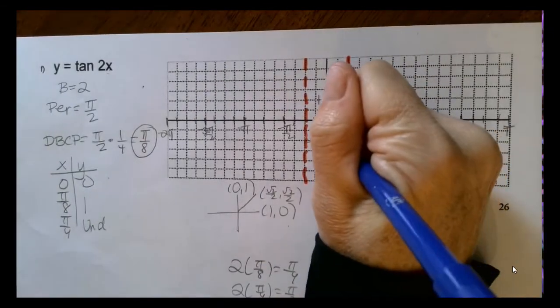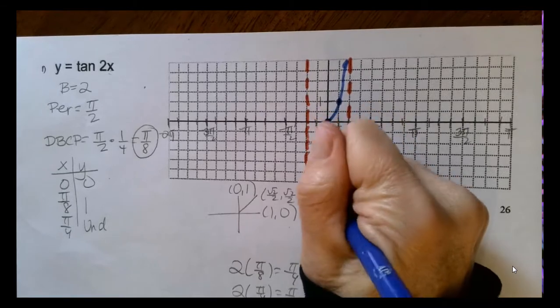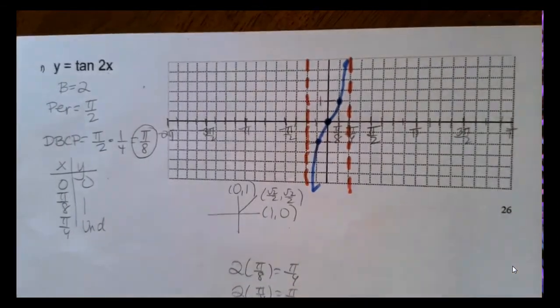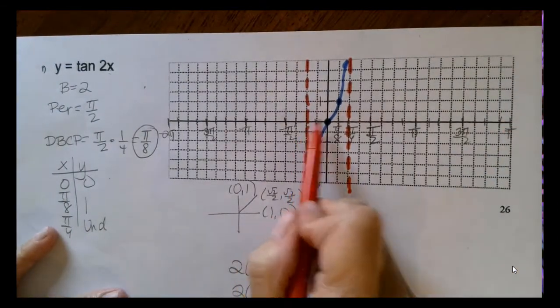You could plug it into your table if you needed to. But that's how small it's going to be. And you're just going to copy the pattern for the entire graph. Notice my asymptotes are 4 spaces apart.